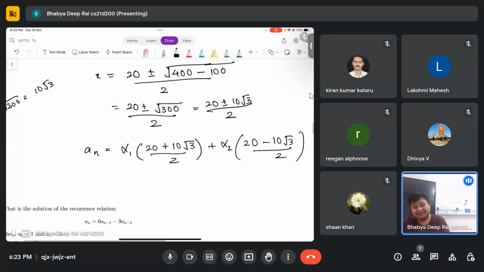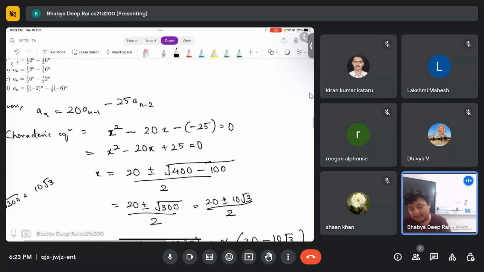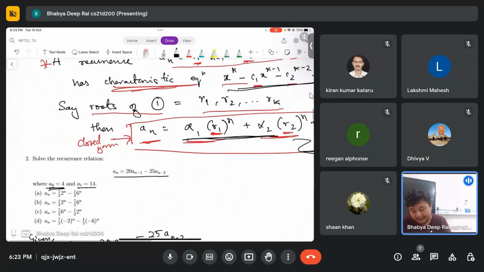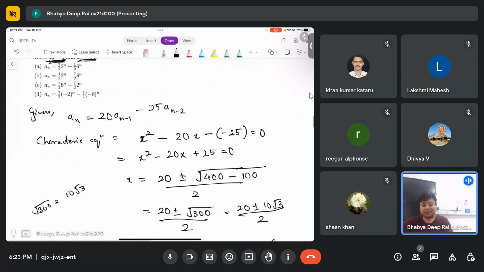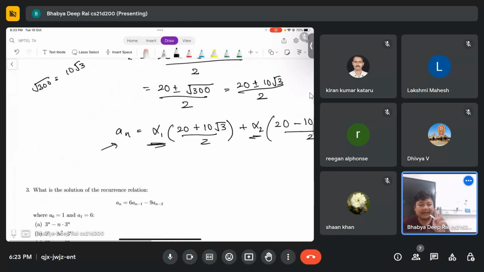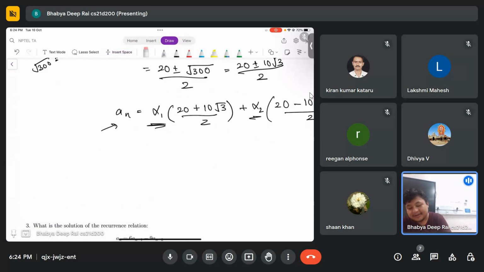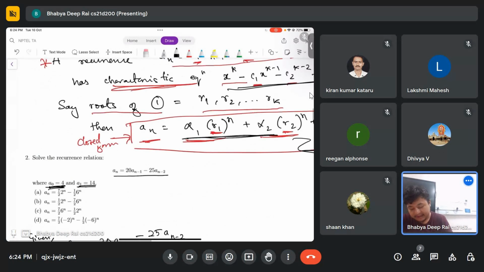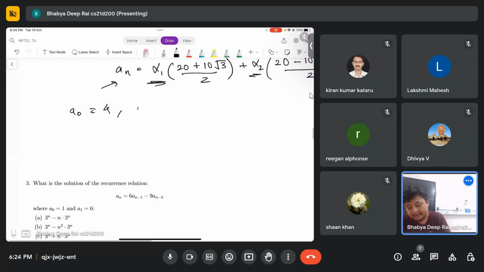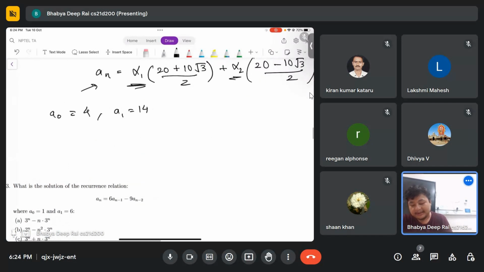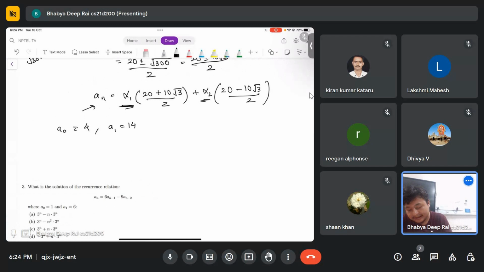Now the question is, how do I find alpha 1 and alpha 2? Well, the good thing is I have my a0 and a1 given. So to solve this equation, I have two unknowns, and I know the values that determine them. That is all I need, right? a0 equals 4, a1 equals 14. So what is a0?